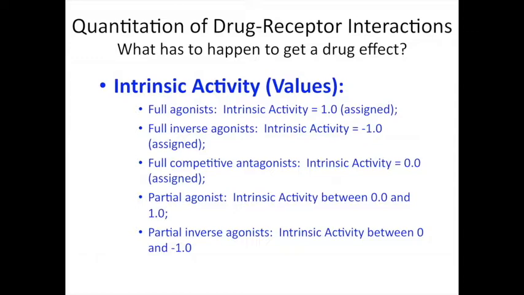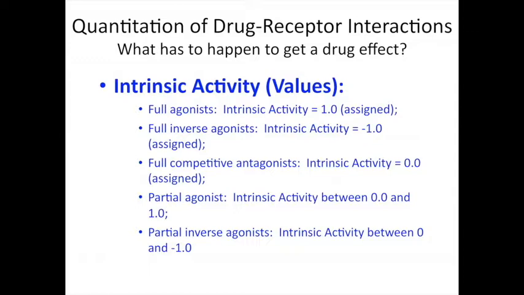If it's a full inverse agonist, if it binds to the receptor, moves all of them to the non-active conformation, that's a full inverse agonist. That will have an intrinsic activity of -1. So you've got the max and the min already laid out there.